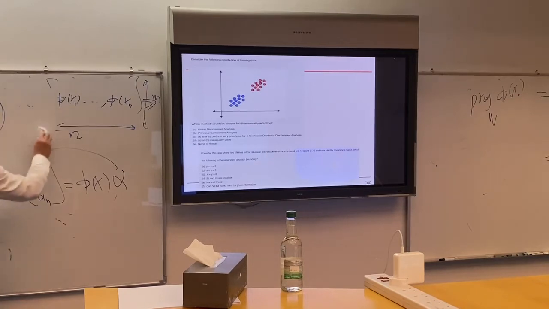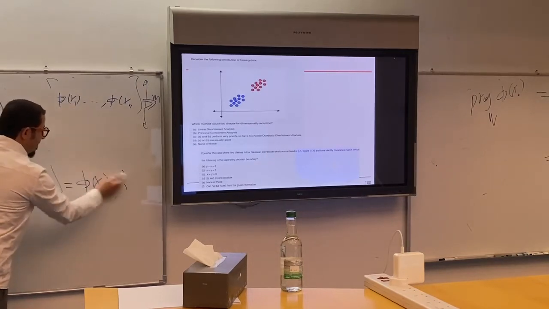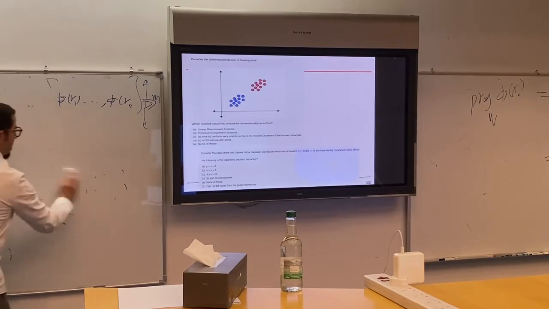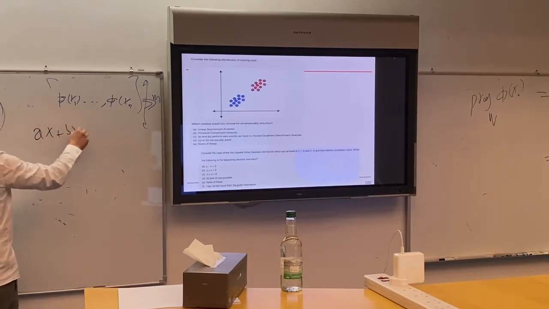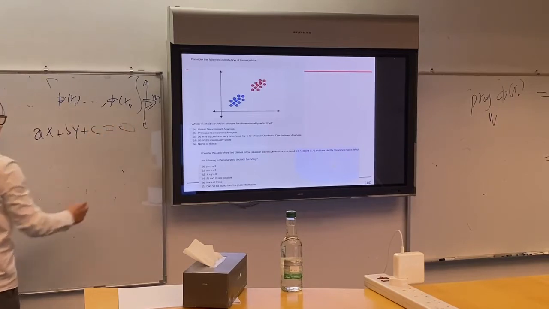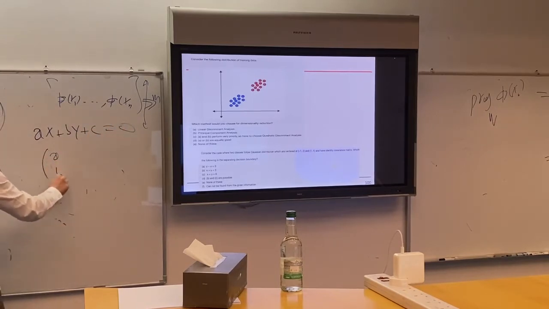Do you remember the equation of the line, please? ax plus by plus c equals 0. a and b are the normal vector, right? What is the normal vector here? 1 minus -1 is 2, and 4 minus 2 is 2.